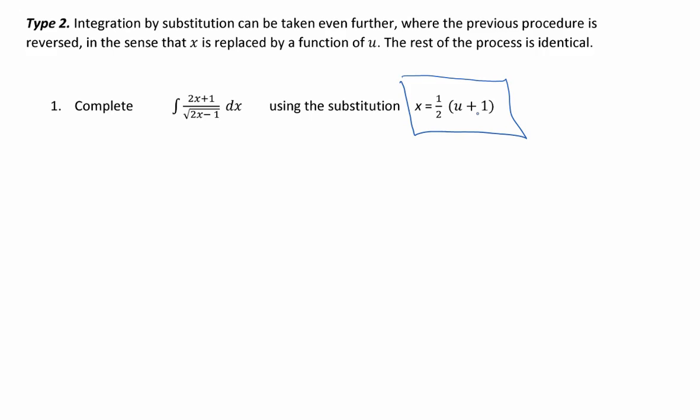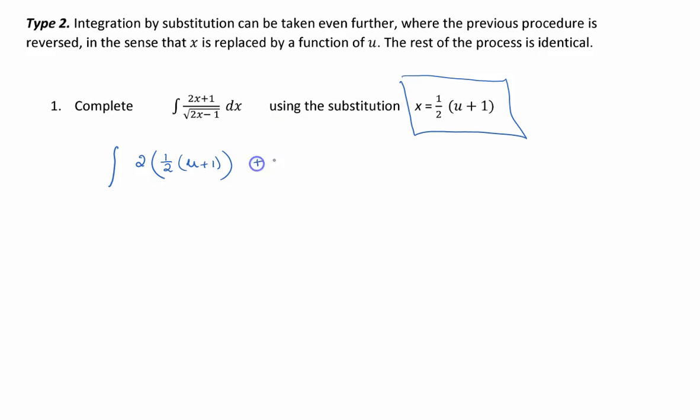Now, there's a couple of ways you can do this sort of question, and let me just start with the first. I'll just call it the first way. We're going to do simply what it says. So we're going to take this integration, and instead of where there's an x, I'm going to write a half. So we've got 2 times, instead of that x, a half times u plus 1.